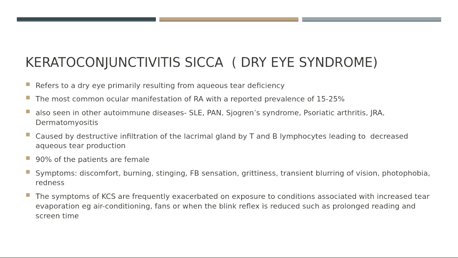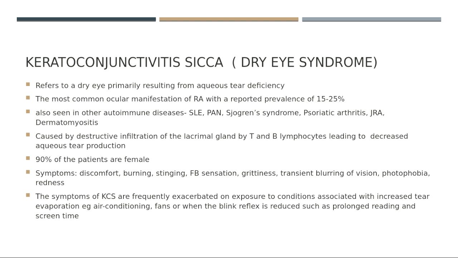I commonly see it in patients with lupus and other autoimmune diseases which are not as common. You can see it in psoriatic arthritis, juvenile rheumatoid arthritis, Sjogren's syndrome, okay? But it's a common presentation in patients with rheumatoid and SLE in the Jamaican setting.